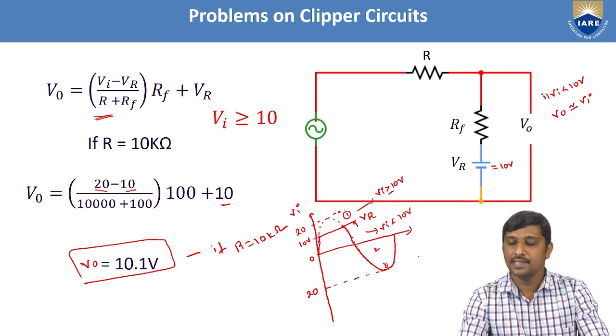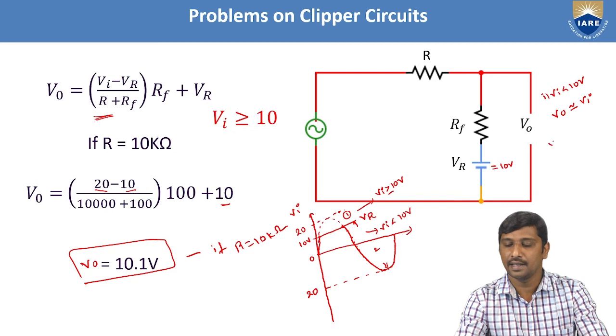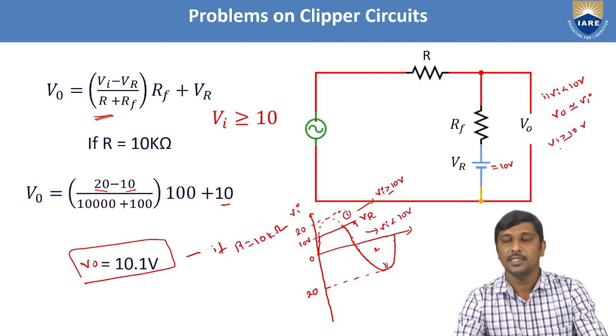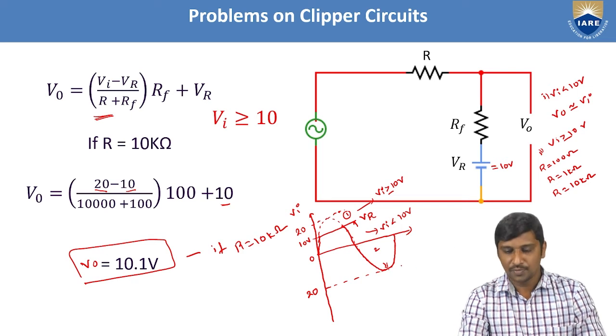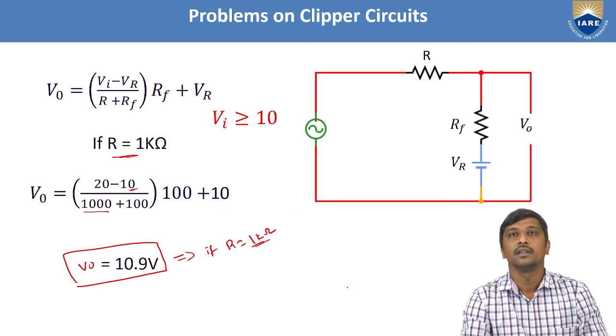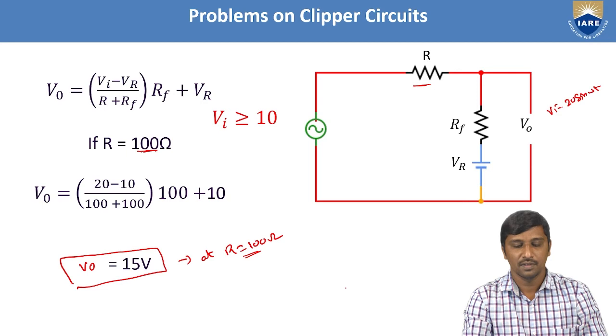Now we'll see what happens if Vi is greater than or equal to 10 volts. Under this condition, we observe three cases: R is 100 ohms, R is 1 kilo ohm, and R is 10 kilo ohms. If R is 100 ohms, what is the output voltage? That is 15 volts here.